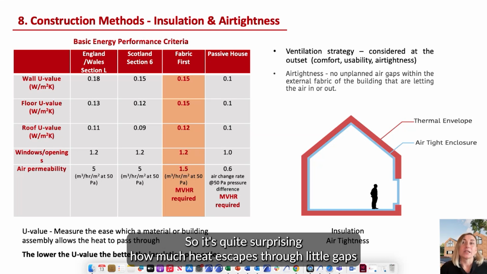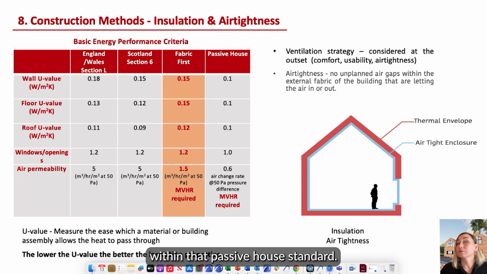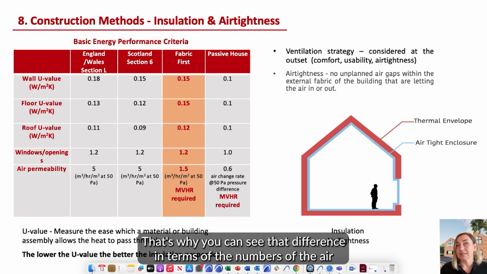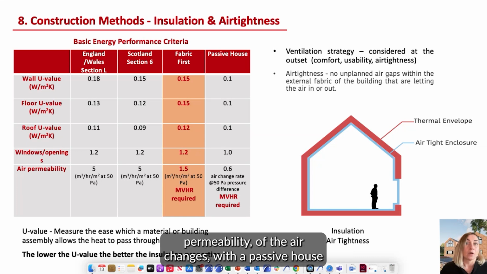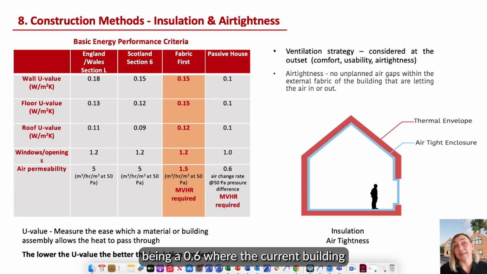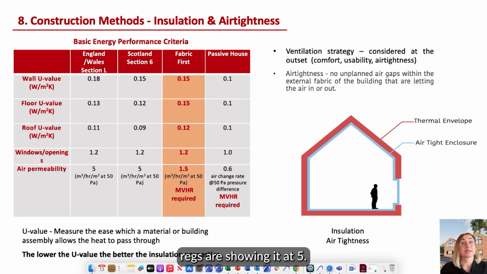It's quite surprising how much heat escapes through little gaps. That's why you can see that difference in the air permeability, with the passive house being 0.6, where the current building regs are showing it at 5.